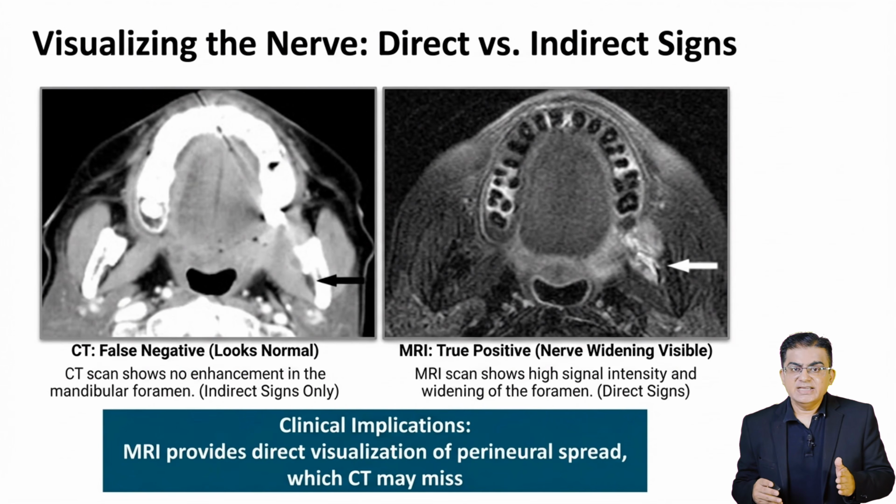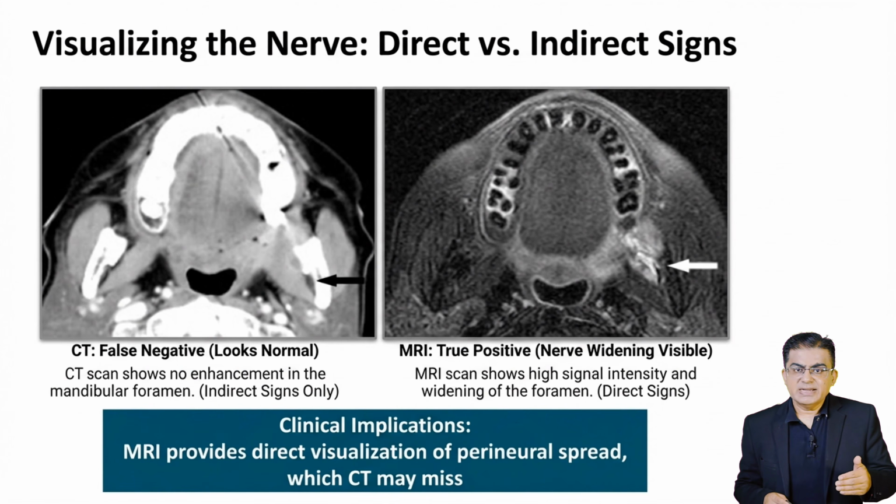So your CT scan gives you a false negative report. But now look at the MRI for the exact same patient on the right side. Because the MRI picks up direct sign, you can clearly see the nerve enhancement and enlargement. The MRI gives you the true positive picture.